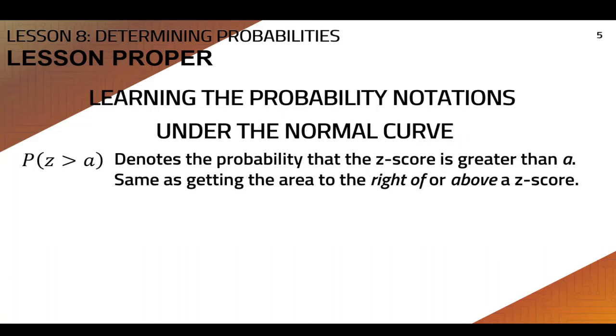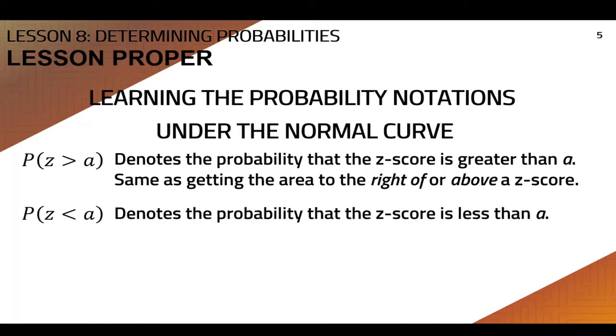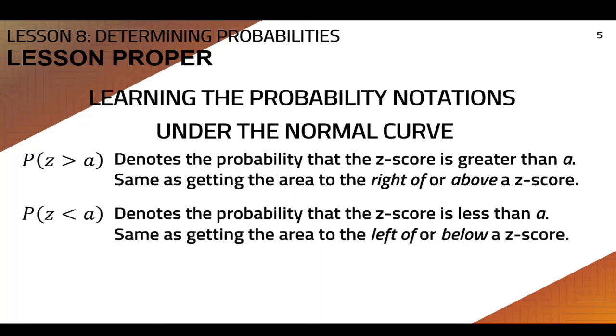We just made it a probability notation. Next, the probability of Z is less than A. What does this mean? It denotes that the probability that the z-score is less than A. It is also the same as getting the area to the left of or below a z-score.